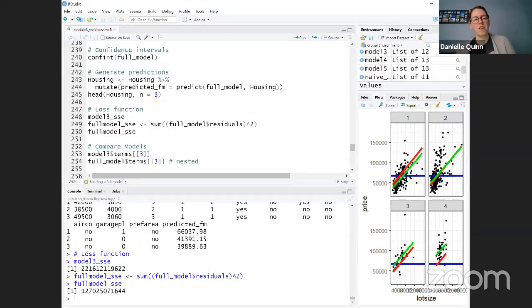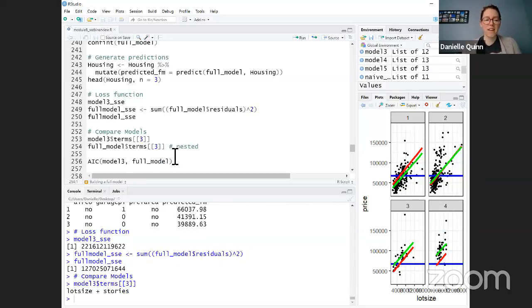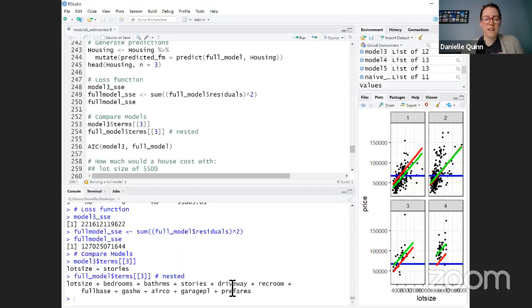Now, you never want to base your model selection on a single value. Loss function is very helpful, but it's not the end all. It's not the only way to choose. So we could say, let's make sure that these are nested. Model 3 had lot size plus stories. The full model had all of this, and we can see that both lot size and stories are found in this full model.